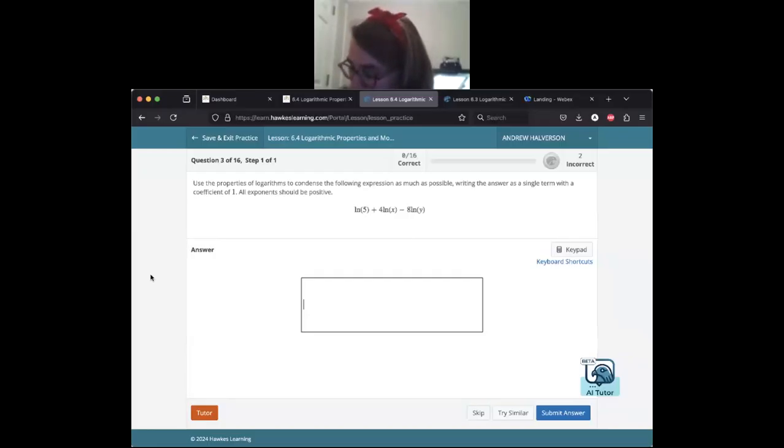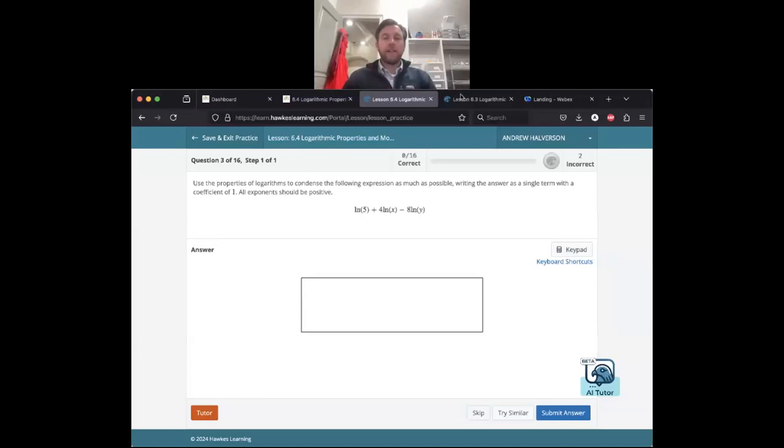So before we can combine the logs into one expression, you have to get rid of the numbers in front first. Notice we have a 4 in front of this ln. Remember ln is a log base e. That's not important for this, but I just want you to know when you see ln, you're dealing with a log.